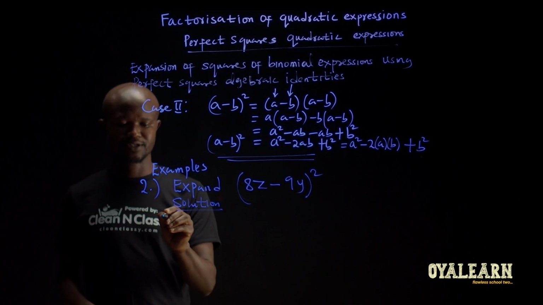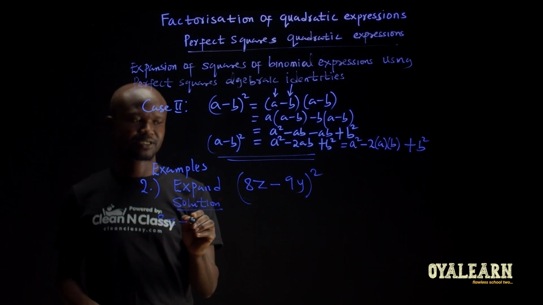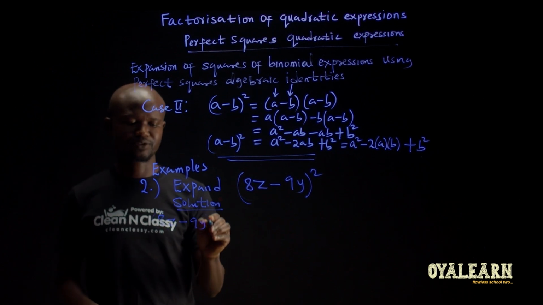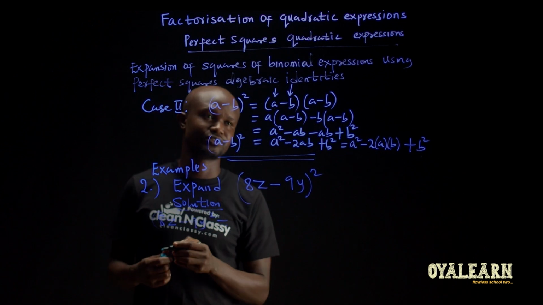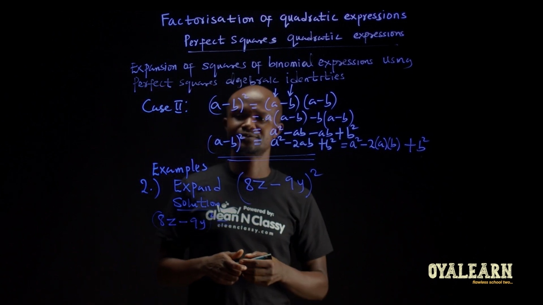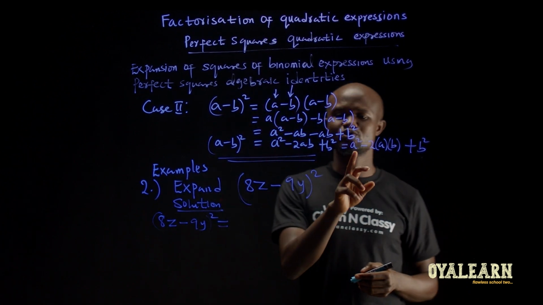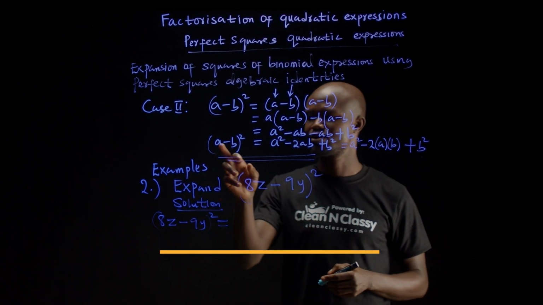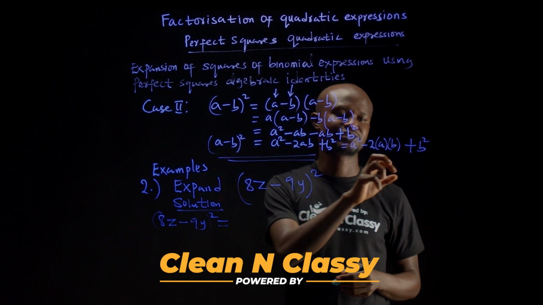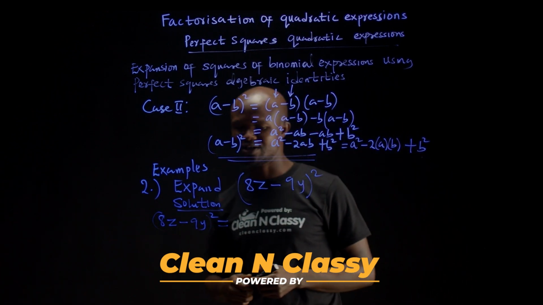We have 8z minus 9y raised to the power of 2. Now, using the algebraic identity, if you have a minus b squared, the first one squared, then minus 2ab, first, second, then plus the second square.